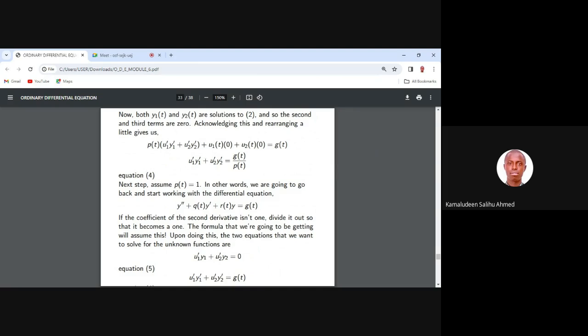Don't follow a quack method and arrive at something that cannot be proven mathematically. So don't do that. Now we assume our p of t to be equal to 1. When we do that, where you see your p of t, you put 1. So g of t over 1 is g of t, which is what you have here.